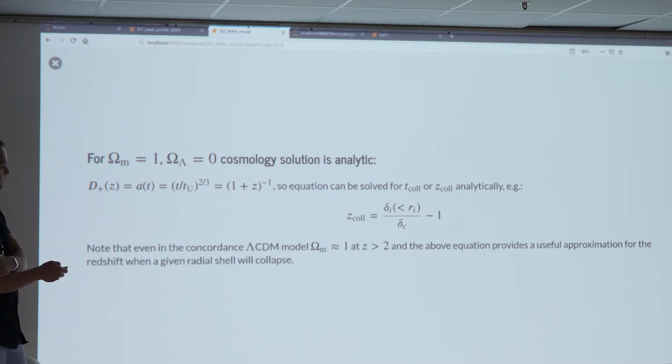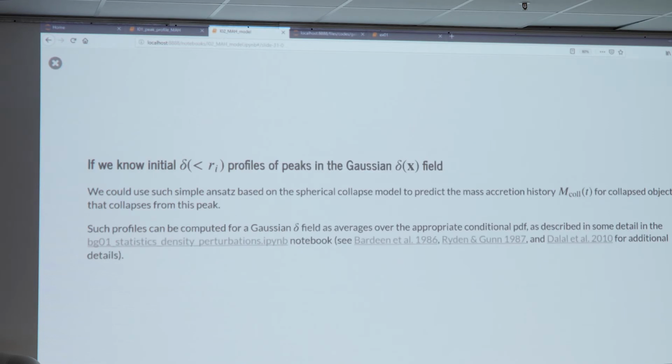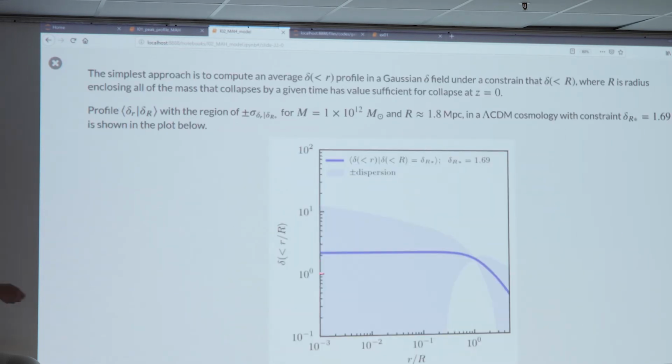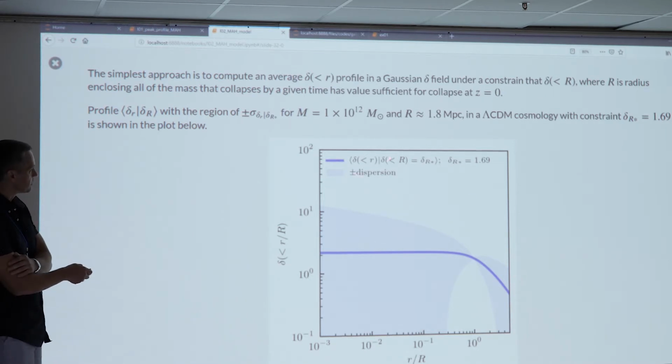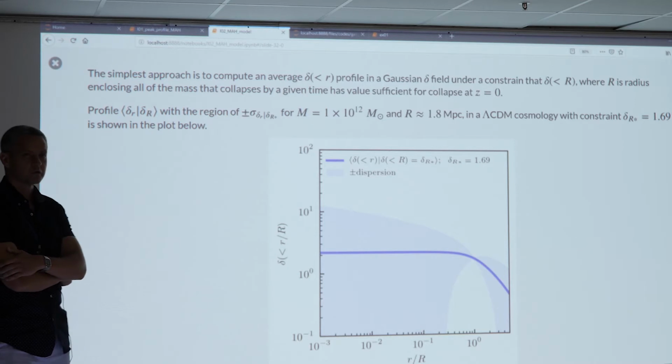And I'm telling you that this initial profile looks like this, or at least according to the assumption that the mean initial profile is just a profile that's conditioned at a given R, which ensures that by redshift 0 this shell will collapse because it reaches critical density at 0, when this profile is extrapolated to redshift 0. So what would the mass accretion history look like for a profile like this according to this model?